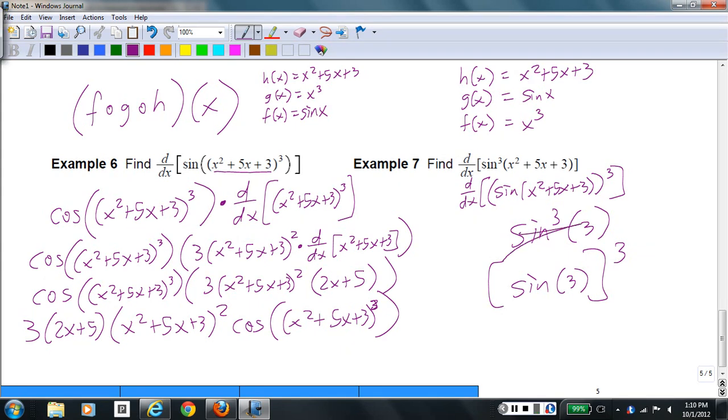So, clean up some of the mess. So when I look at this and I get ready to begin, derivative of the outermost function is the cubing function.